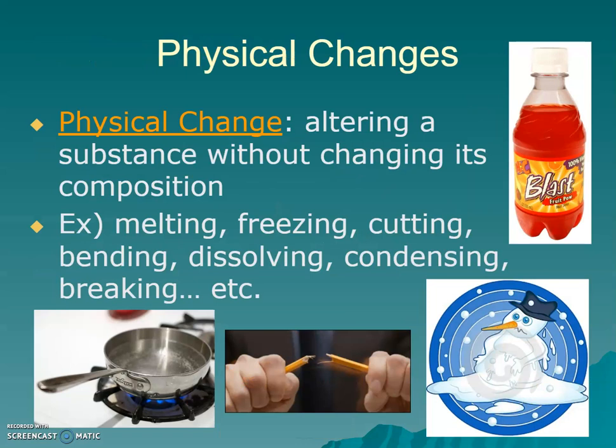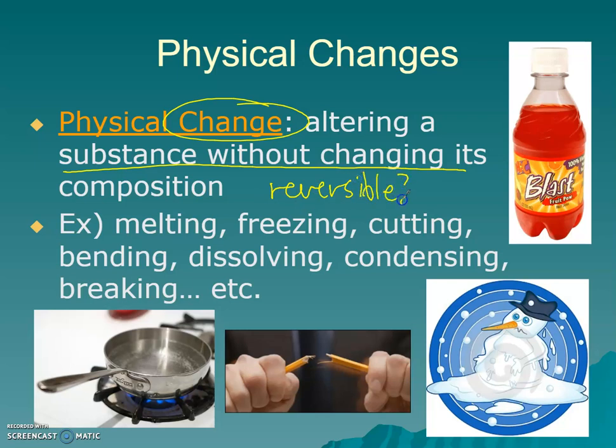Okay, and when we look at our physical properties, we are looking at the changes those physical properties can undergo. You can change the state of matter or change its form, but you're not actually changing what it is. So it's going to be reversible, or it's going to stay exactly the same.